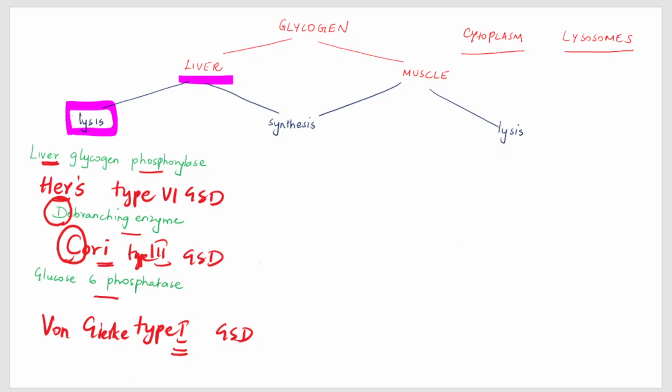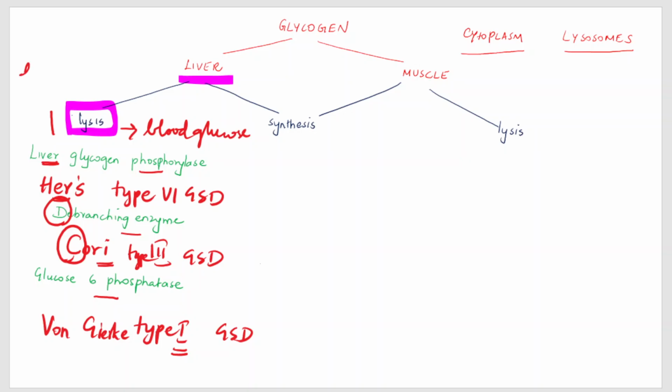Now, whenever there is defective glycogenolysis, what is the significance of this pathway? The significance is that it elevates blood glucose levels. So liver glycogen breakdown contributes to blood glucose level. So what if these enzymes are defective?